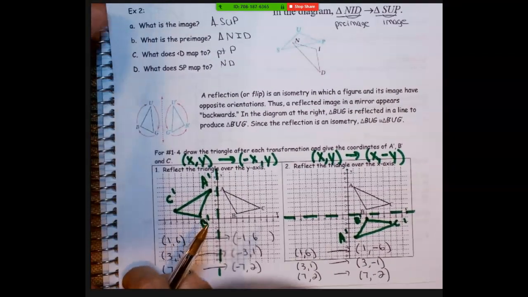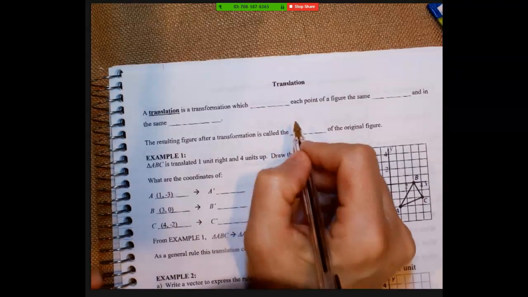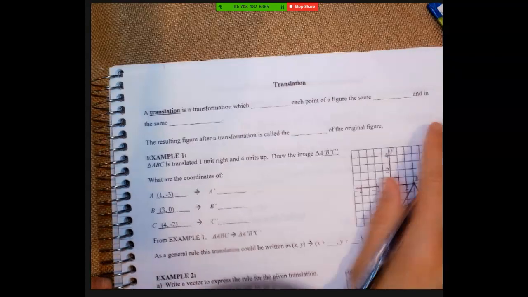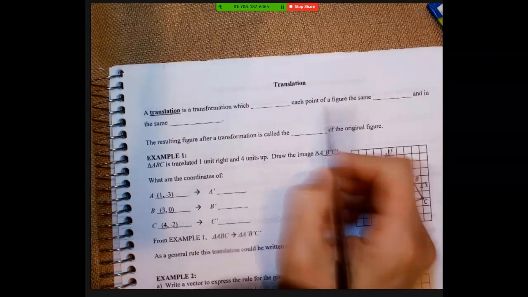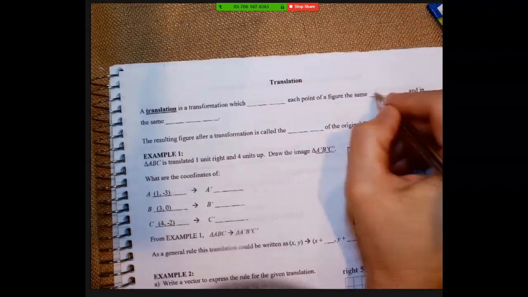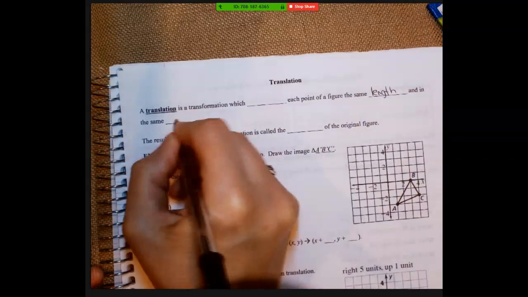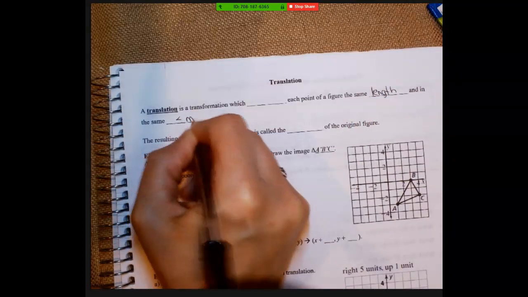All right, let's go take a look now at the translations. The translation is a transformation in which each coordinate has the same length and same angle measure.